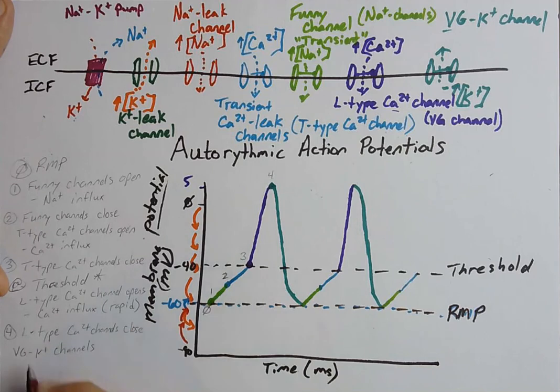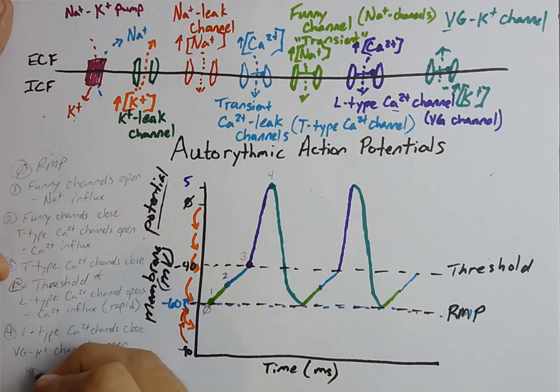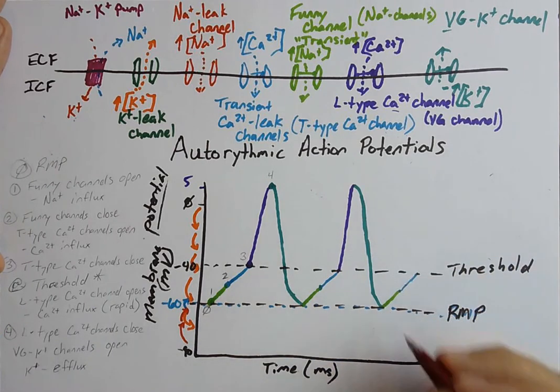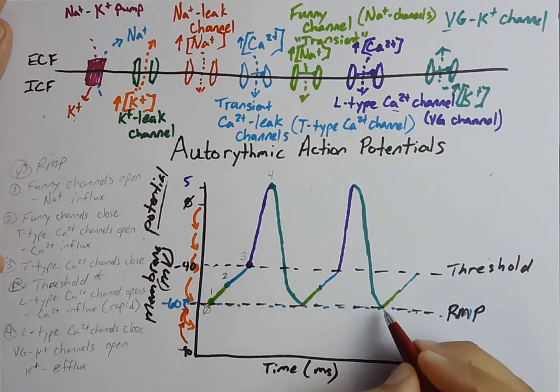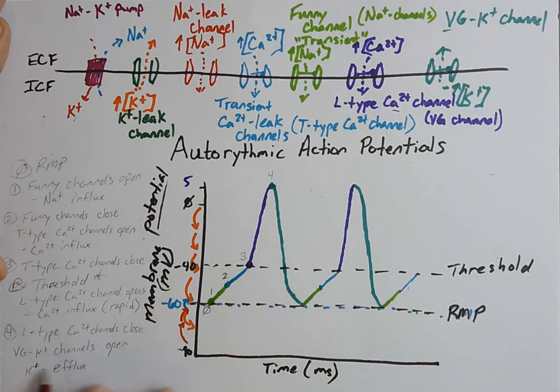Because when the voltage-gated potassium channels open, then we get a rush of potassium. Potassium efflux. This is repolarization, right? This is a big step of repolarization as we return back to RMP. And down at the base, really at the beginning of 0, you can actually say now the voltage-gated potassium channels close. And that's going to reset the resting membrane potential at the base.